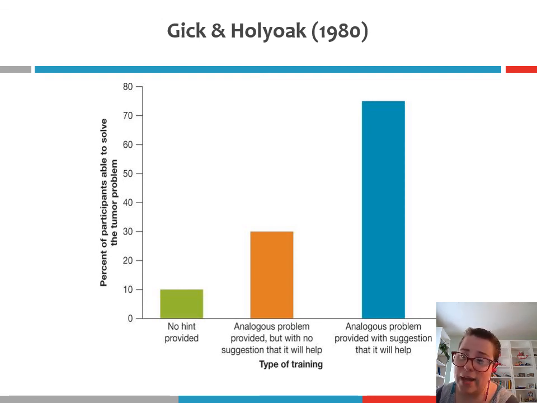So analogical transfer is very, very difficult, at least that's what laboratory studies would suggest: that we're not very good at using analogies to solve problems and noticing correspondence or similarity between problems.